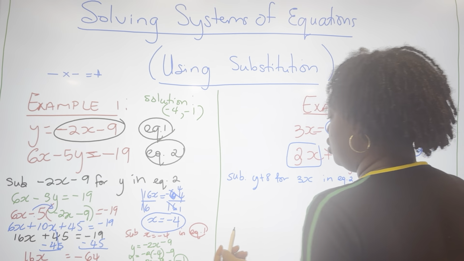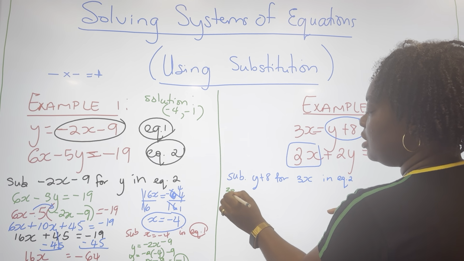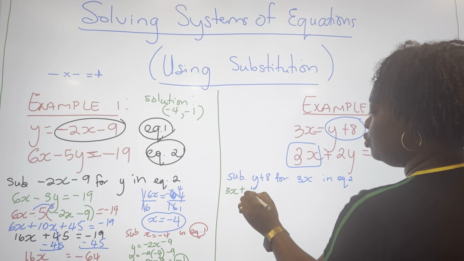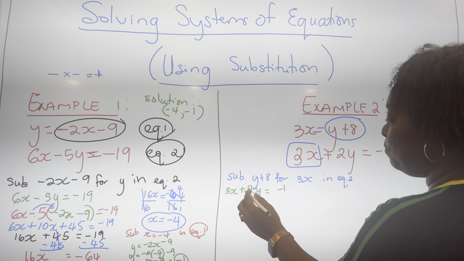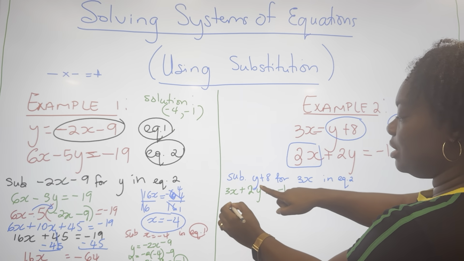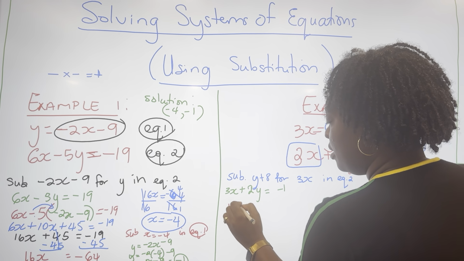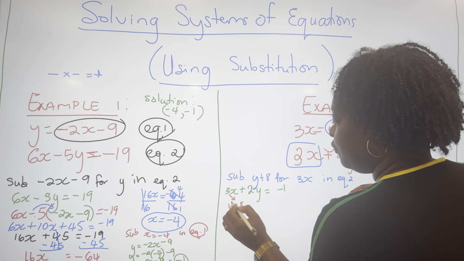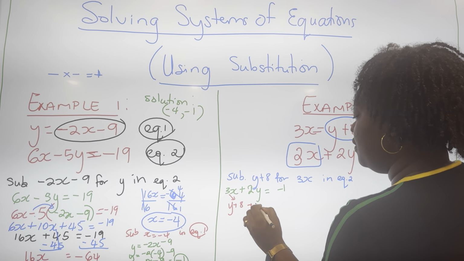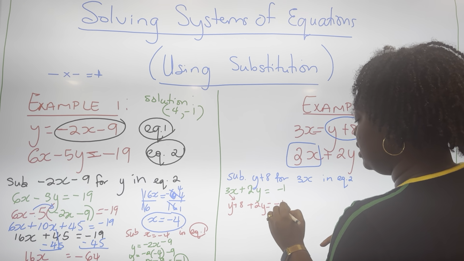So that's 3x plus 2y equals negative 1. Let's see what result we'll get right here. So remember, anywhere I see 3x, I'm writing y plus 8 for that, and then plus my 2y equals negative 1.